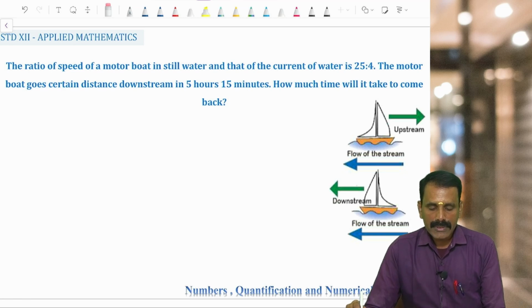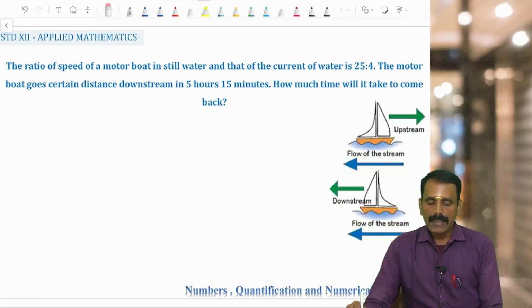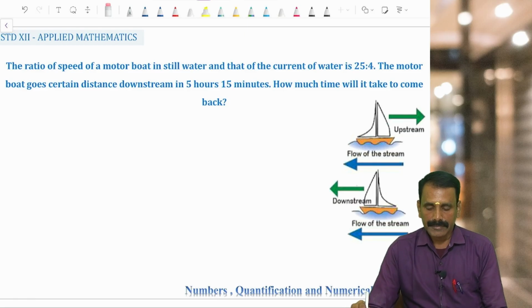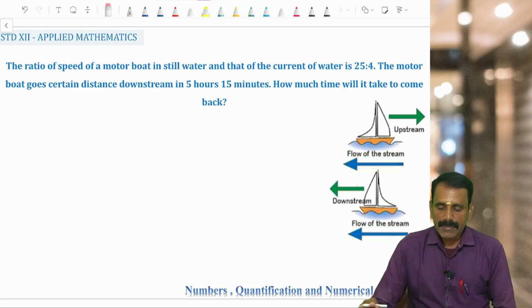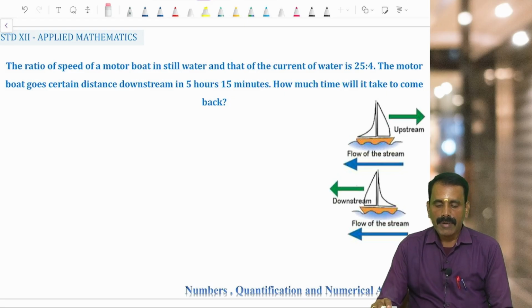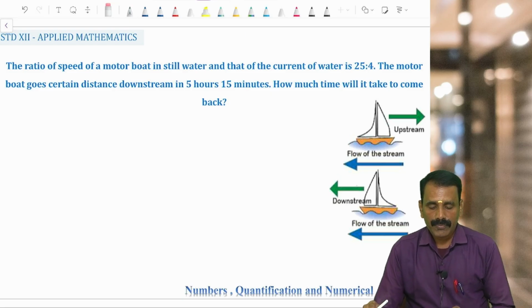The motor boat goes certain distance downstream in 5 hours 15 minutes. We are supposed to find the time taken for the motor boat to return back. So we are not given the speed of the motor boat in still water as well as the speed of the current of the water. The speeds are given only in the ratio.